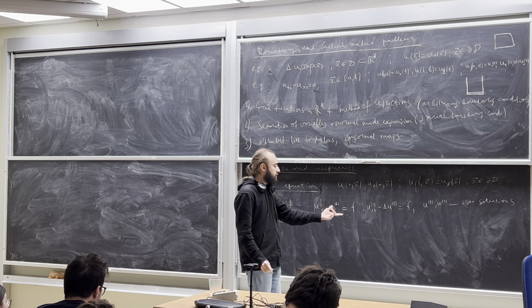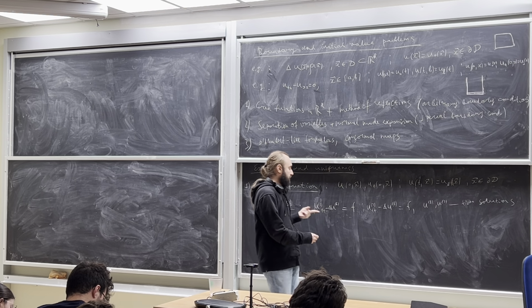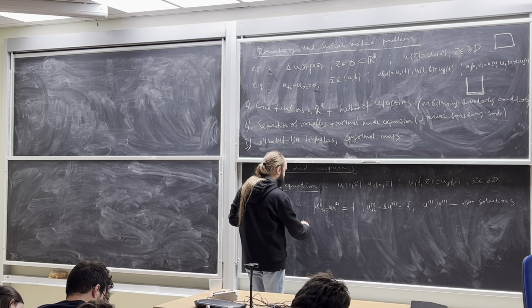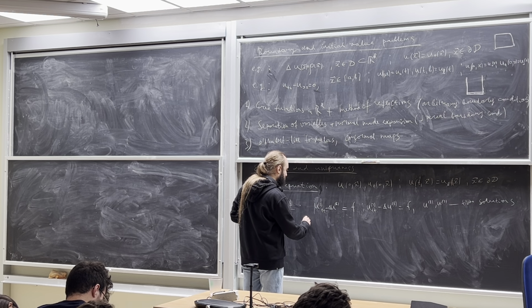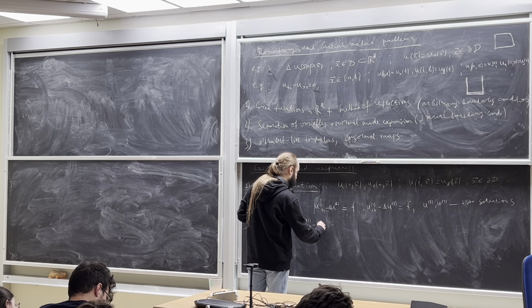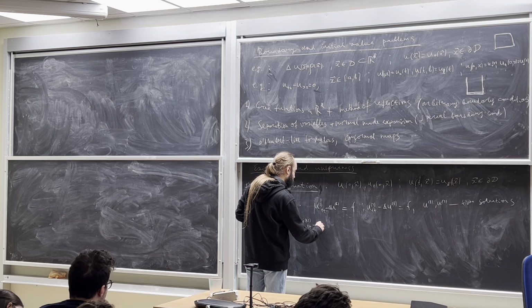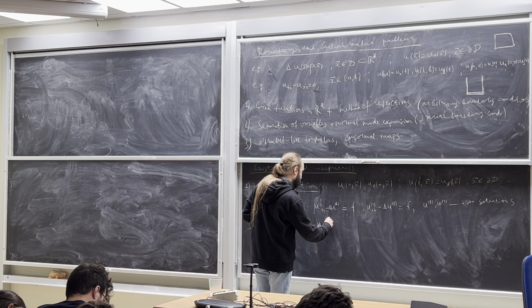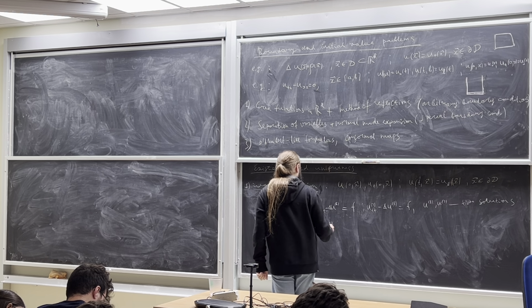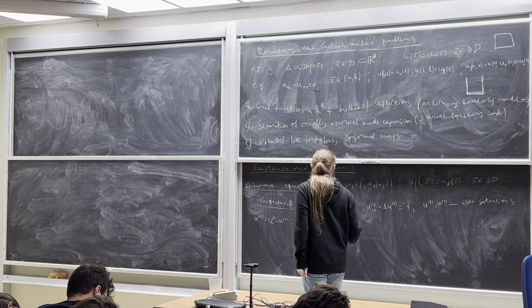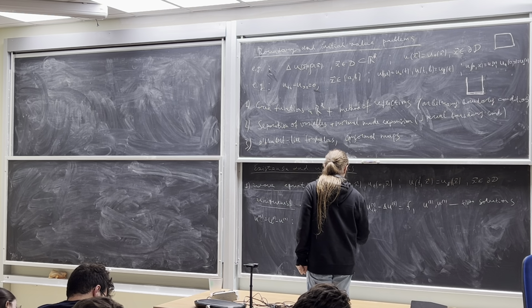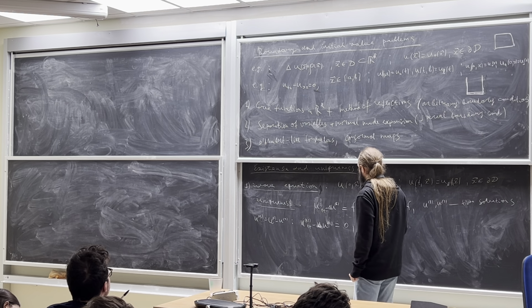then, since it's a linear equation, we just subtract the two and get that it solves an equation with zero right hand side: u tt minus Laplacian of u equal to zero, and the boundary conditions are also zero.